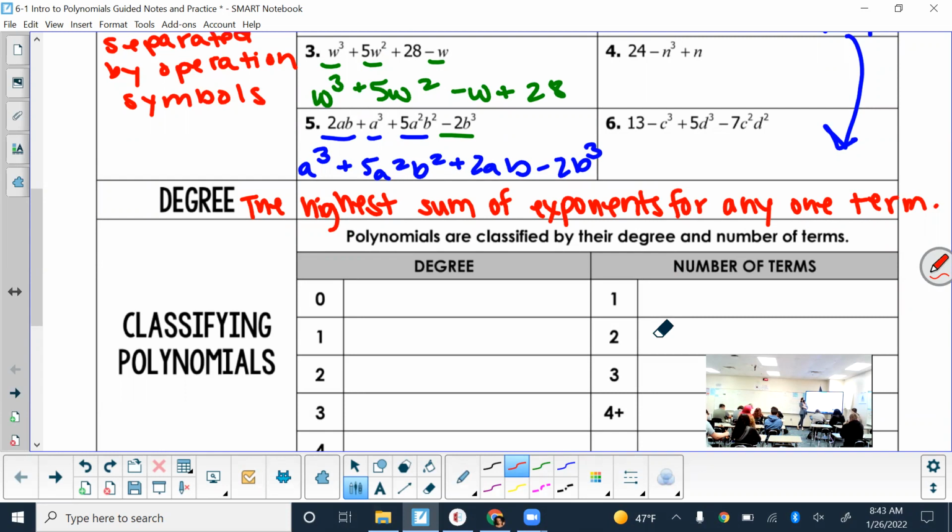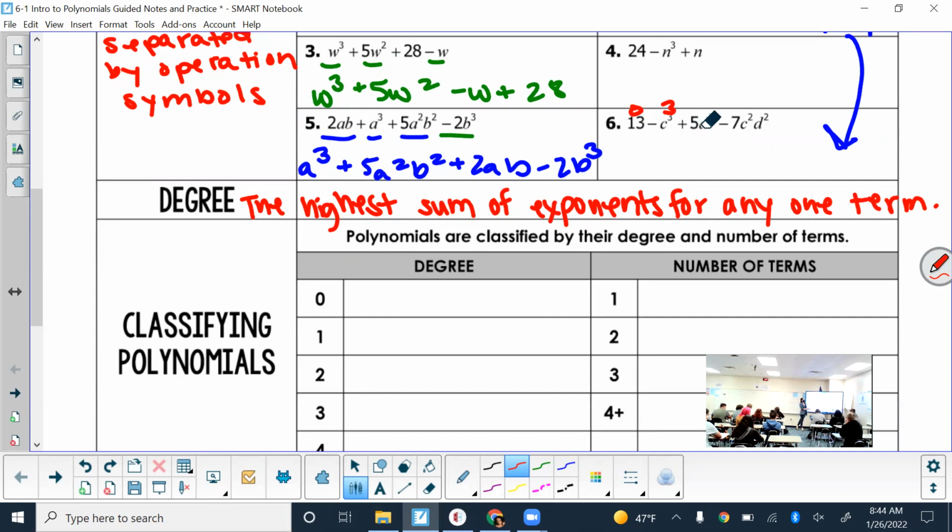So like number 6, if you look at that one, you're going to want to sort through your terms. You're going to want to find the degree of each individual term, and whichever one is highest is the degree for the whole polynomial. So if I look at number 6, any constants like 13 would have a degree of 0 because it doesn't have a variable with an exponent. But if I look at the second term, it has one variable with an exponent of 3. So the degree on that term would be 3.